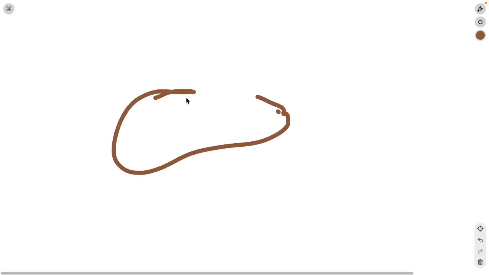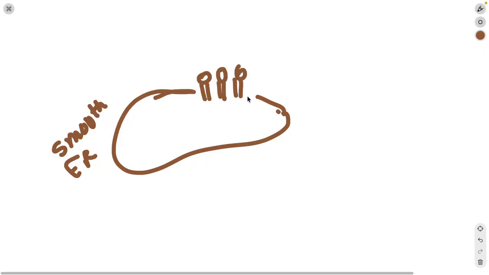So here we have, this will be the smooth ER, and we'll say, these are the phospholipids like that, right? And the smooth ER is a phospholipid bilayer, so it's got two layers like this.